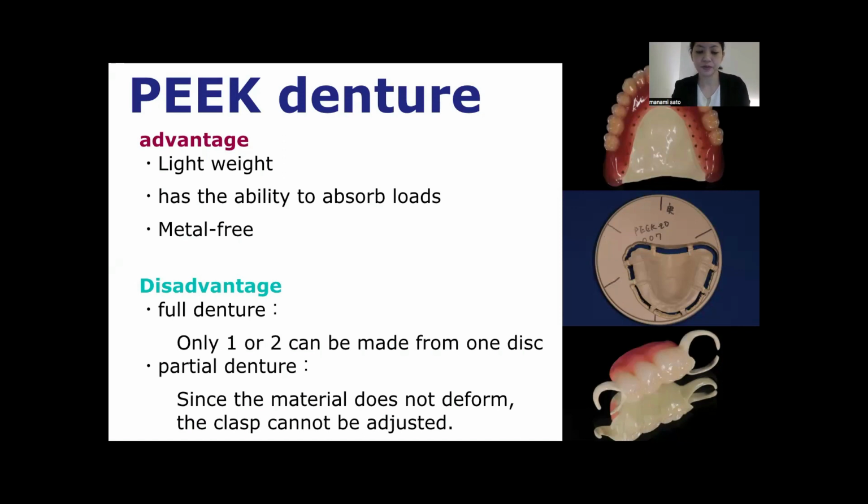The disadvantage is that with a full denture, only one or two can be made from one disc. For a partial denture, it is a material that does not deform, so the clasp cannot be adjusted, so you need to create it carefully.